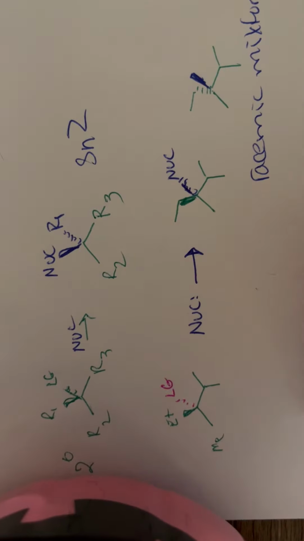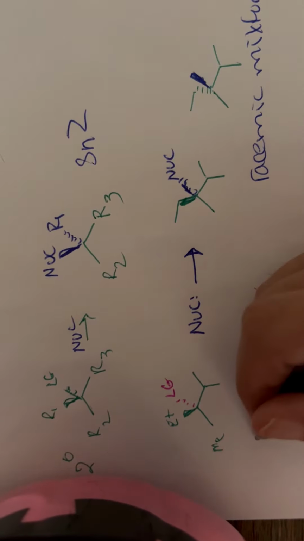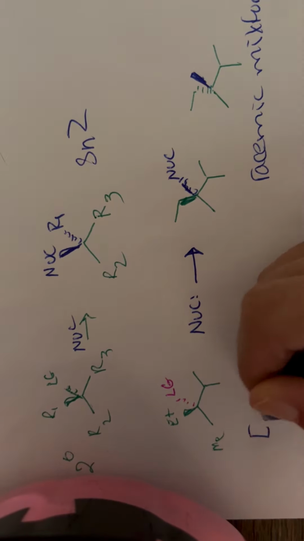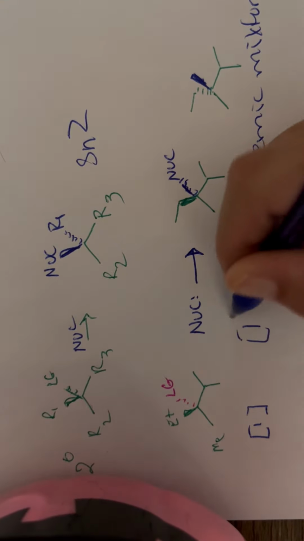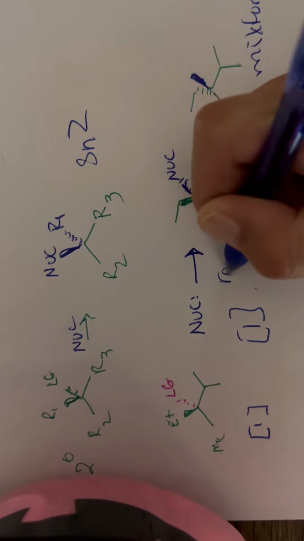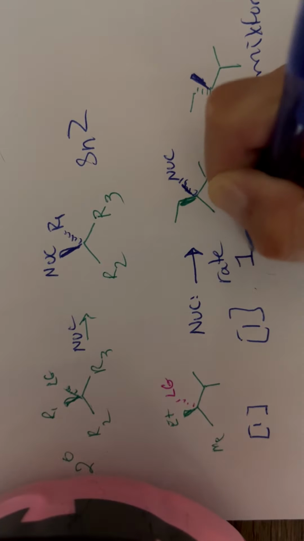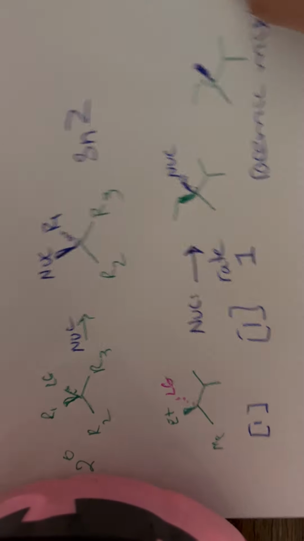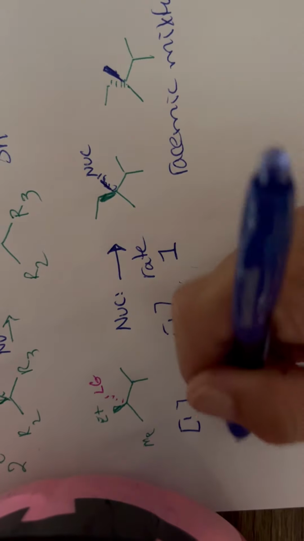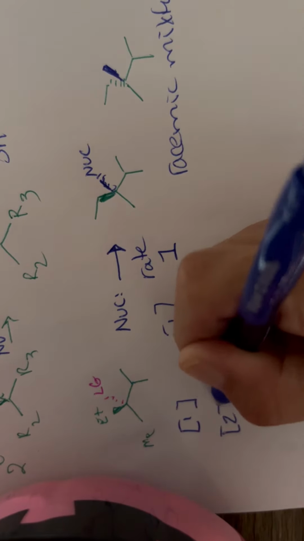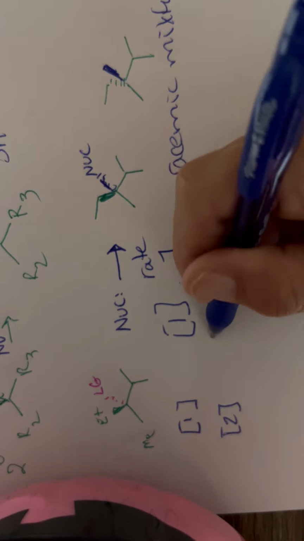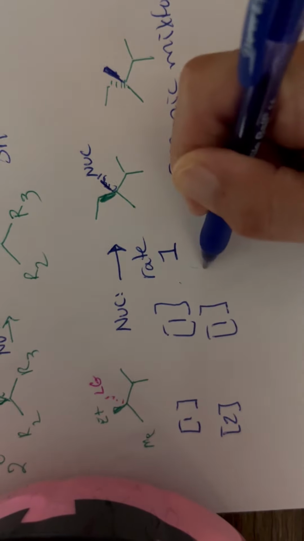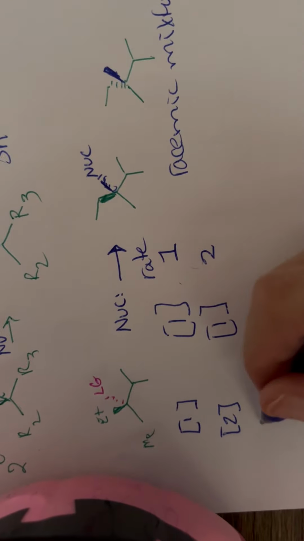In addition to that, let's talk a little bit about the rates. If I have a concentration of one of my substrate, one of my nucleophile, my rate will be 1. If I double my substrate and keep my nucleophile as it is, my rate will double.